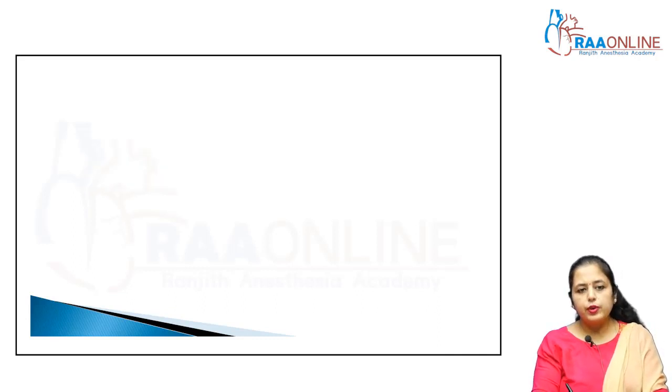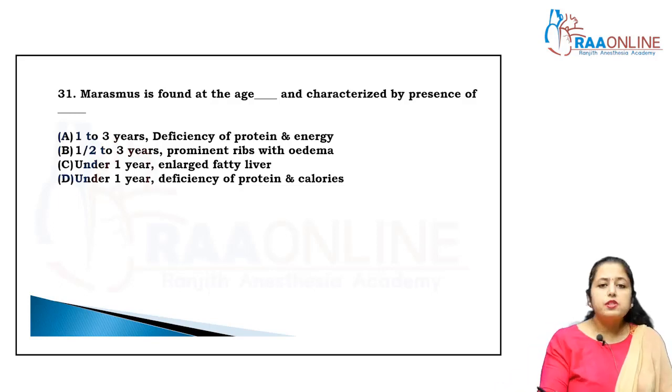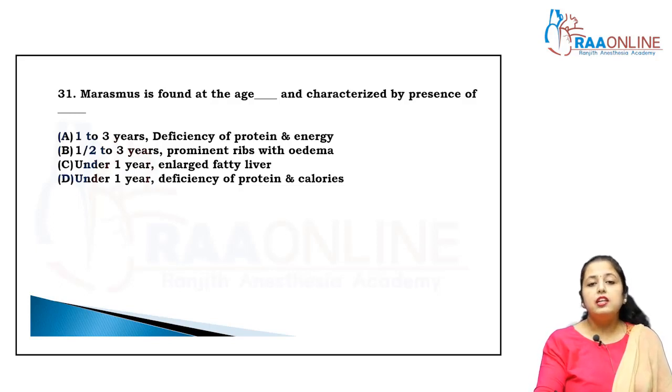Now come to the next question. Marasmus is found at the age dash. Actually, marasmus is protein energy malnutrition, in which carbohydrate as well as protein is deficient, right?